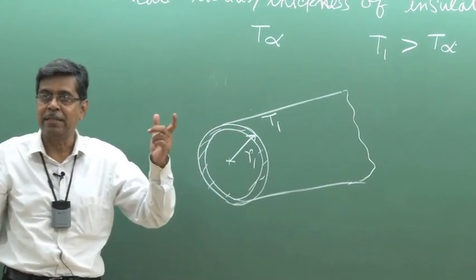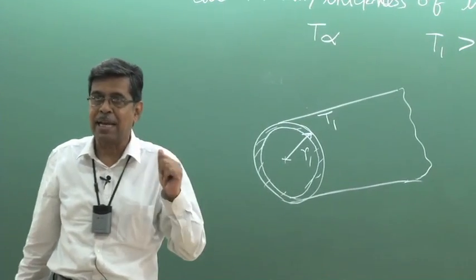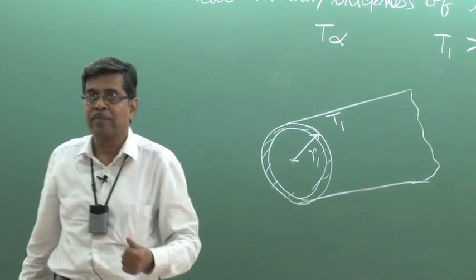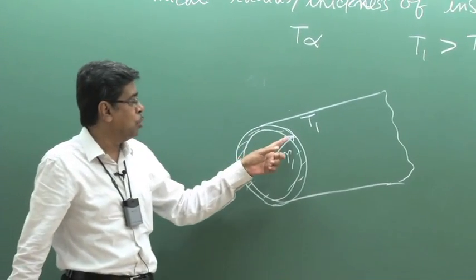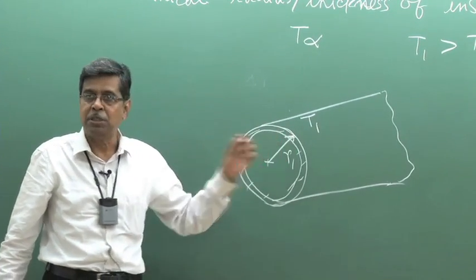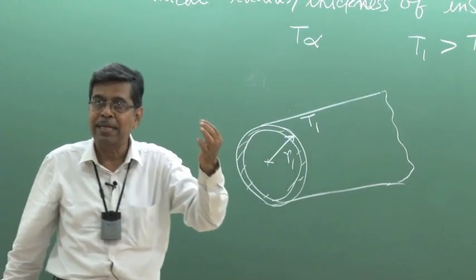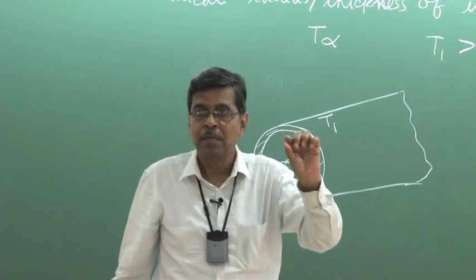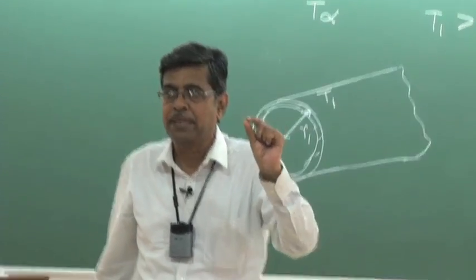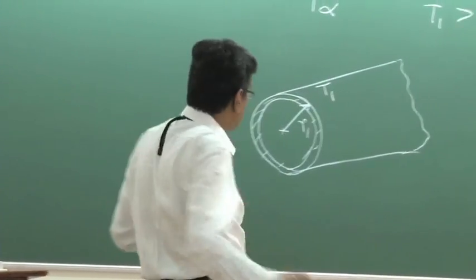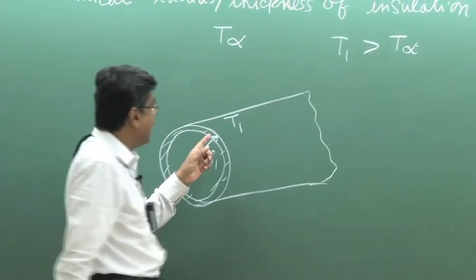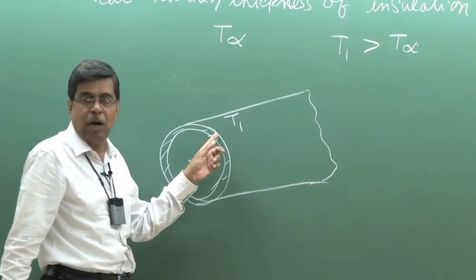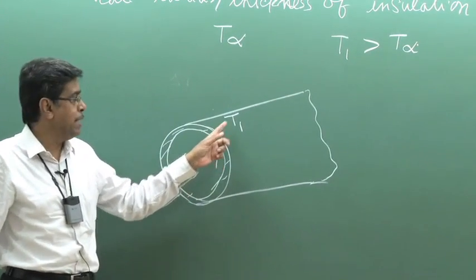By convection heat transfer, as we discussed earlier, crossing the convection resistance, it then flows through this thickness of the pipe, which may be small, which may be large. If the thickness is very small, the resistance is very small, the temperature drop is less. All these things we know. Then ultimately it comes to the outer surface whose temperature is T1.